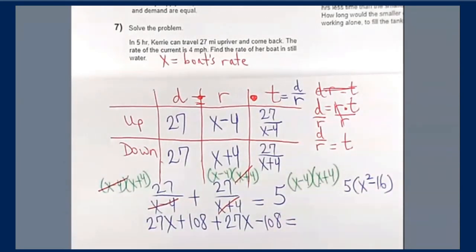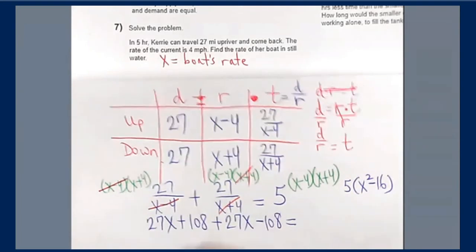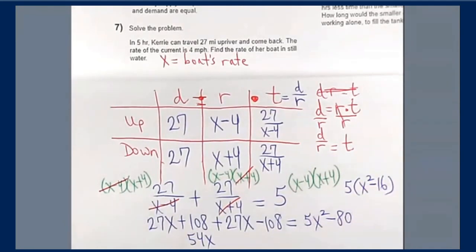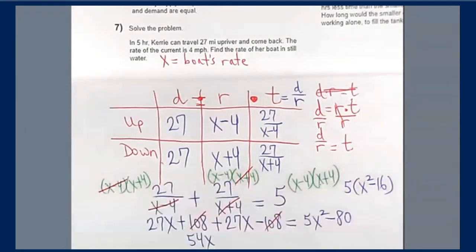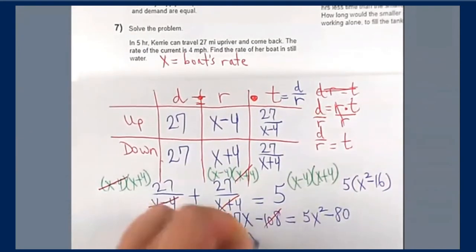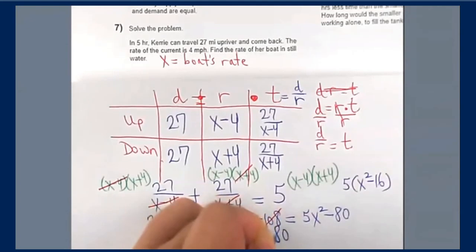And when we distribute that 5, we get 5x squared, and then 5 times negative 16 will give us negative 80. On the left side, we can combine our x's, giving us 54x, and the 108s actually cancel. And let's bring down the right side of the equation, excuse me.